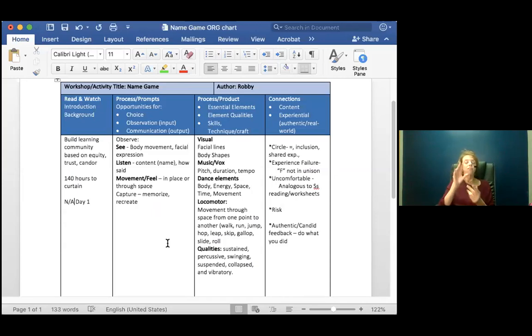So this is the way I always use that as kind of the proof that we're made to see and listen and understand movement. And then the next column, we break it down a little bit further: what are the tools to use, and then what are the connections. So if we want inclusion or shared experiences, if we want to experience failure, so not in unison.